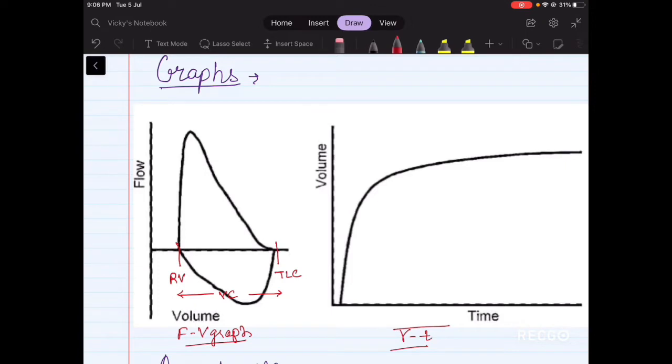Then over here, the highest point over the flow is known as peak expiratory flow rate, right? And over here in between is the mid expiratory flow rate. Regarding the volume time curve also, here it is given in seconds. So 1 second, 2 second, 3 second, 4 second.